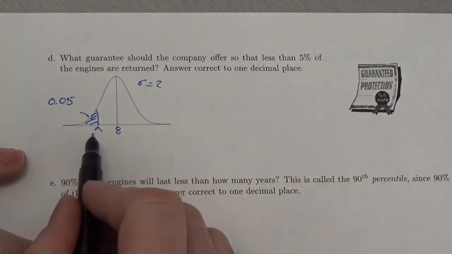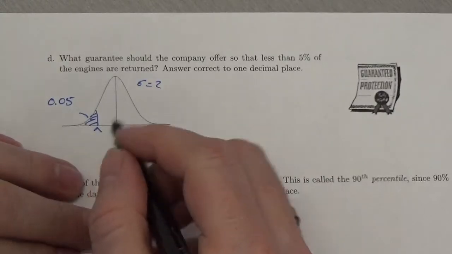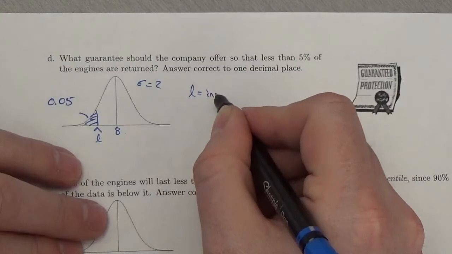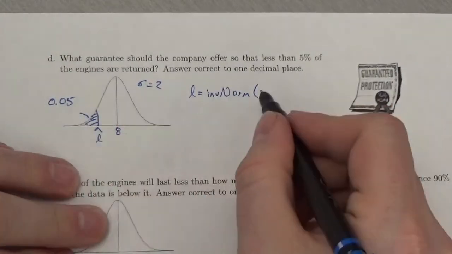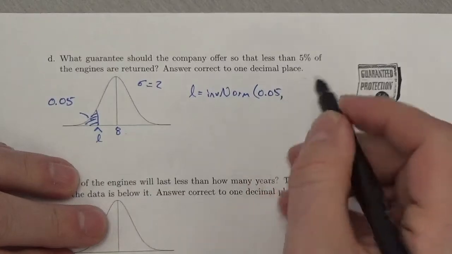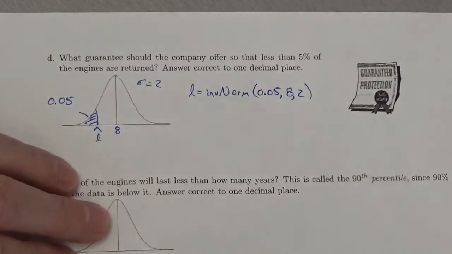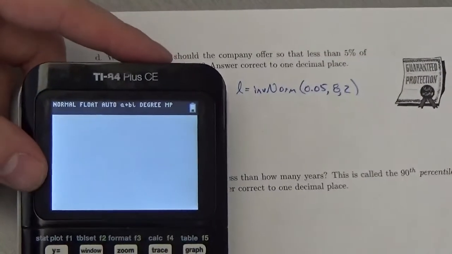Well, to go backwards to find that, let's call this our lifespan here, or well, we'll call this L. L is going to be the inverse norm of that area, 0.05, comma 8, comma 2, the mean and the standard deviation. So this time we know the probability. We're just going backwards here.